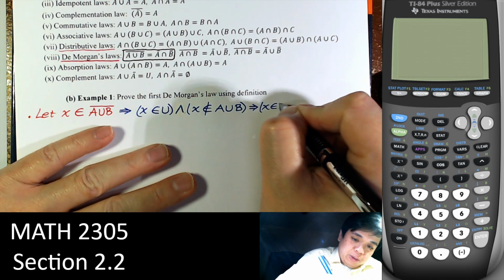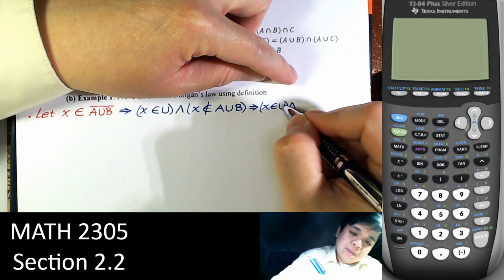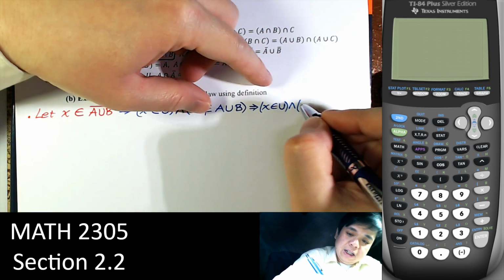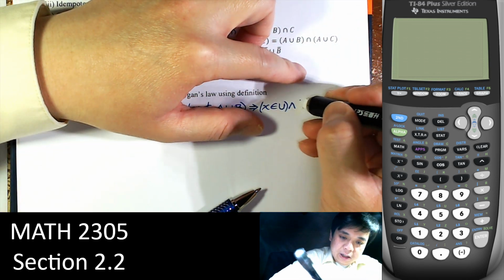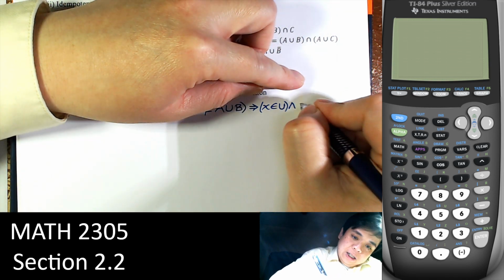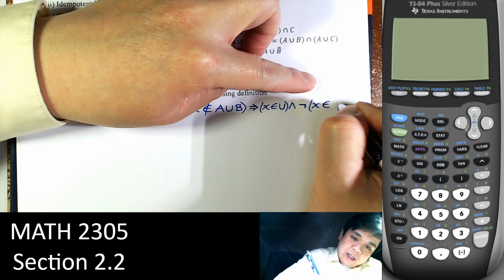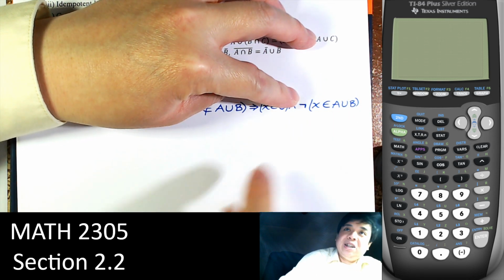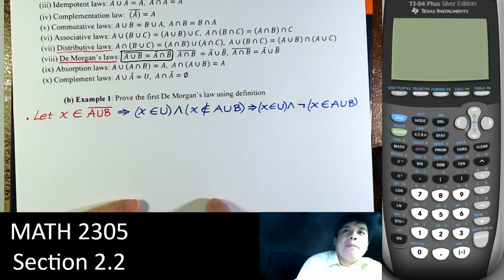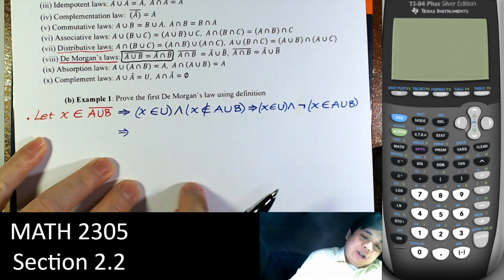X in U, and here we say X not in, so that's just a complement. So from that to that.